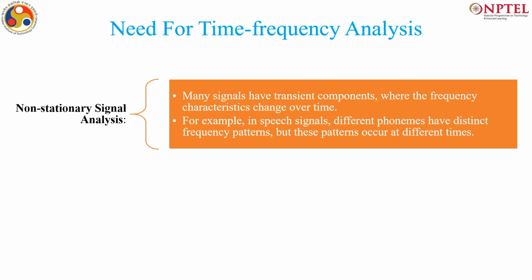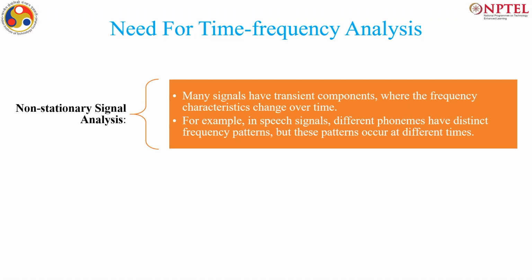Stationary means that if I move throughout the signal, properties like mean, variance and your distribution or your spectra will not change, while in non-stationary signals, at different instances of time these characteristics will change over time. Like speech signals for example, so different phonemes have different frequency patterns and these patterns occur at different times.